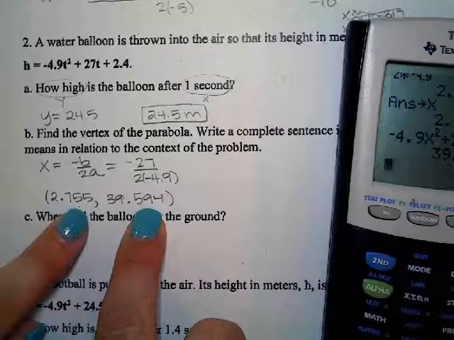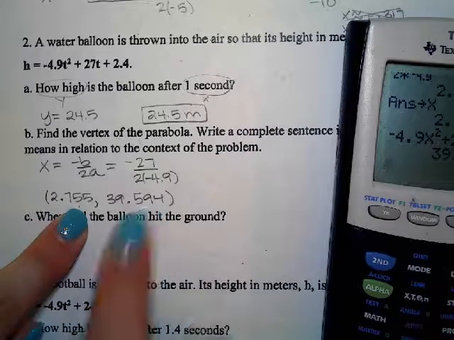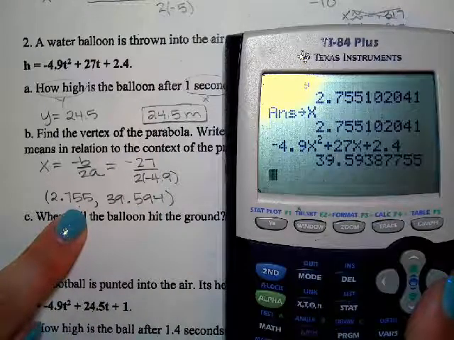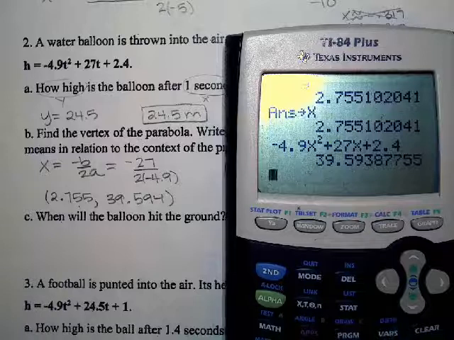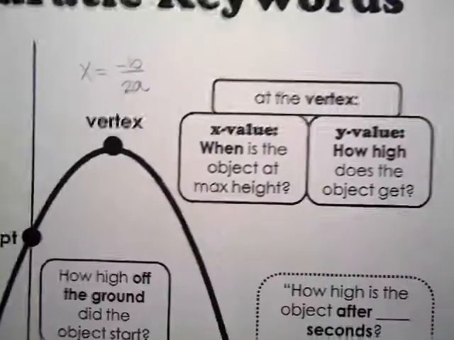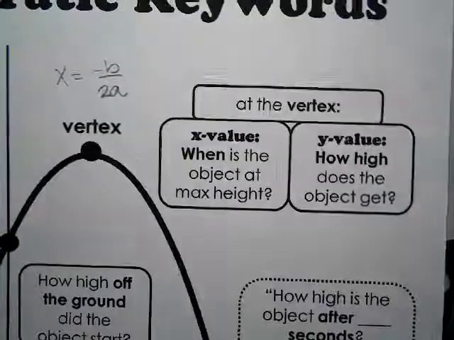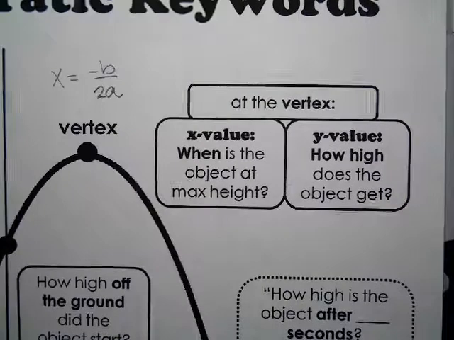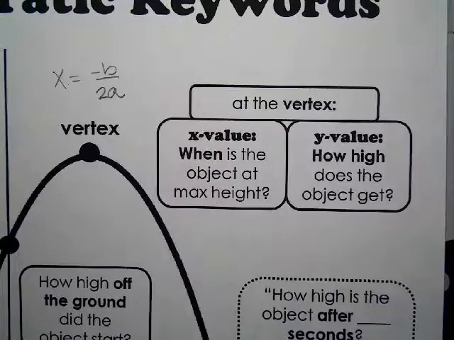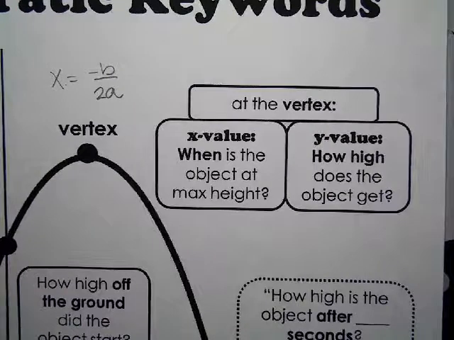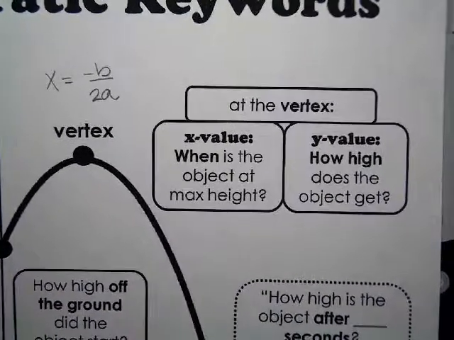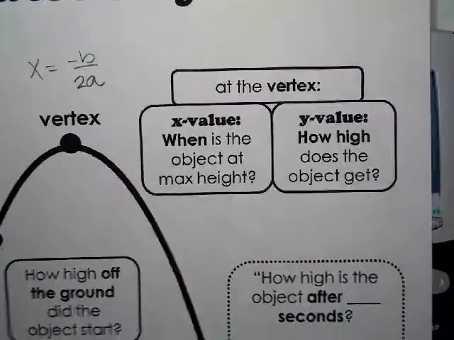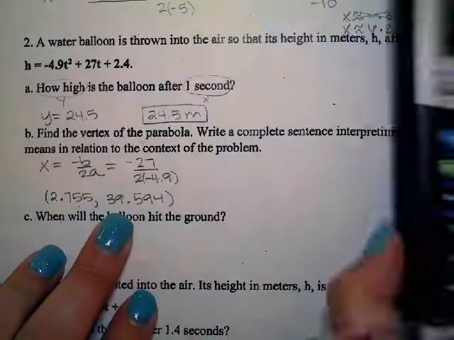So let's use our sheets and let's interpret this problem. How do we interpret this vertex? So we're going to say, but we're not going to say the vertex is the maximum height. We're going to actually interpret these numbers in context. So what should we say? So we're going to say the water balloon, what else am I going to say?